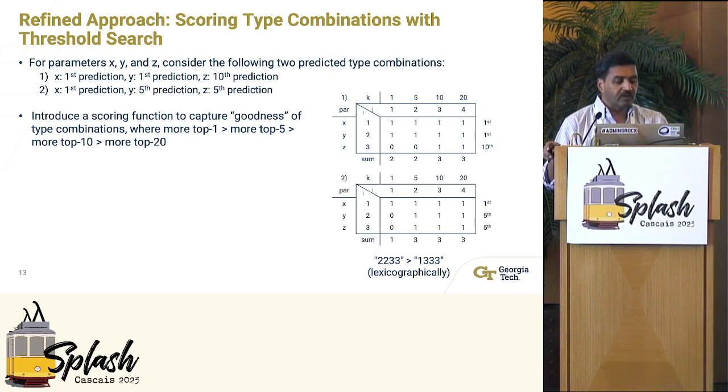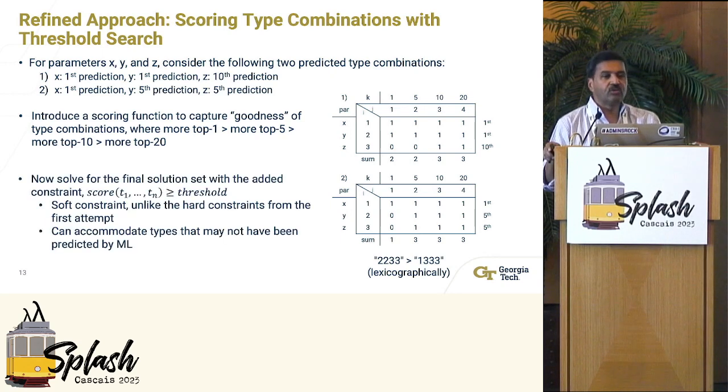And if in case 2, a type prediction, X is in top 1, for Y you have a top 5, for Z you have a top 5. You add it up, and then you do a lexicographic comparison that prefers more occurrences in top 1 than in top 5 and top 10. And then what you do is you essentially add to the SMT solver a constraint that the score should be greater than or equal to a threshold.